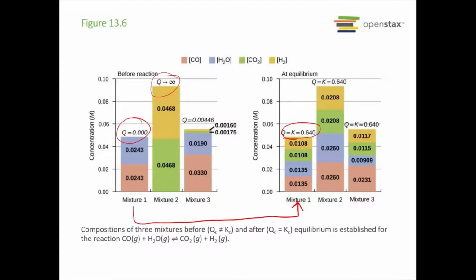It's undefined. And then we see at equilibrium that our equilibrium constant is 0.640 again. And then mixture 3, we started with a little bit of everything, and at equilibrium, Q is equal to K at 0.640. So you can see it does not matter the concentration of the reactants and products. At equilibrium, we have the same K for a set temperature.